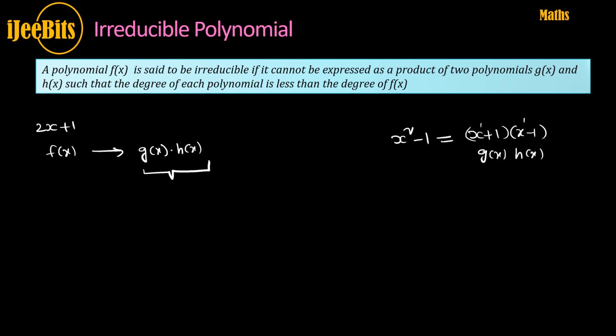That's the first rule. Second thing, you are able to express it with two polynomials of lesser degree, isn't it? That means x square minus 1 can be expressed as a product of two smaller polynomials, isn't it? So this is what we call a reducible polynomial.